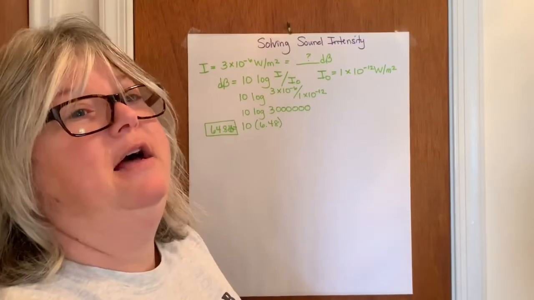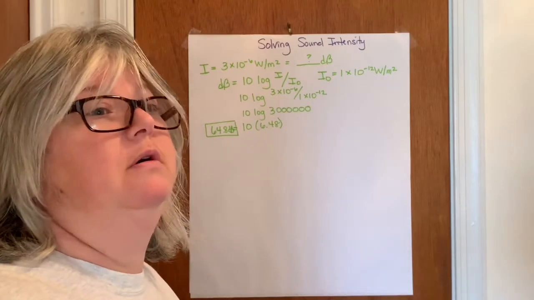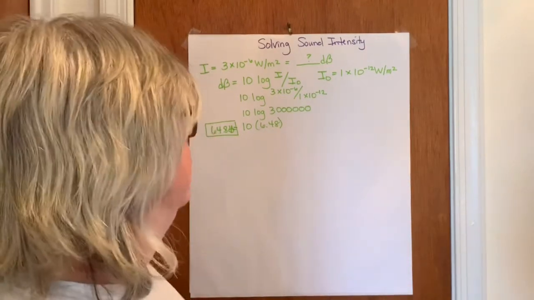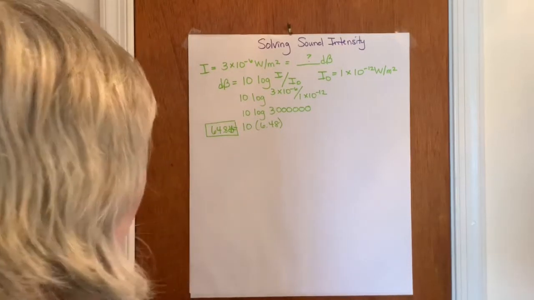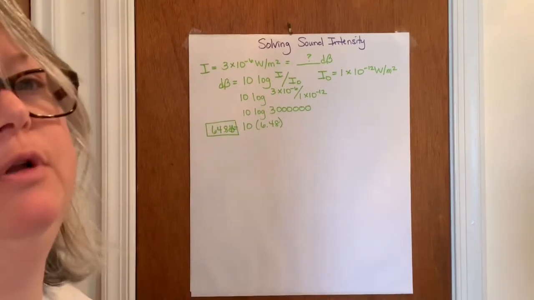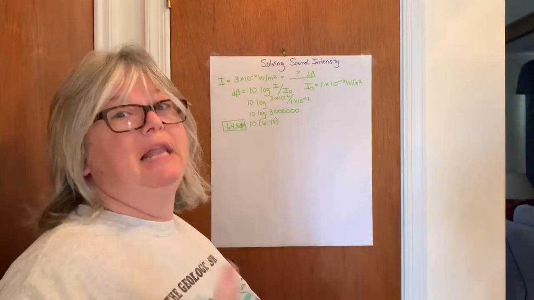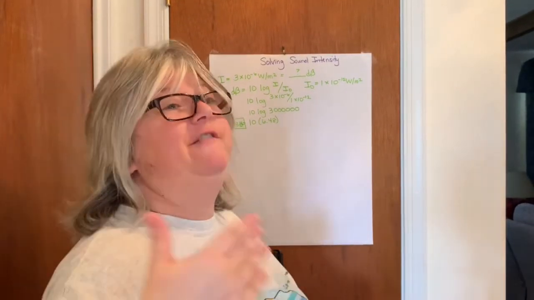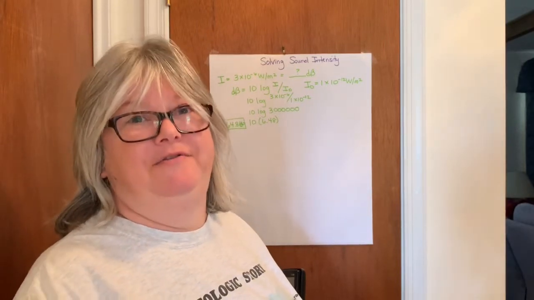All right, so now let's go from decibels to regular intensity. Let's say we're given a decibel level. Let's take one that's pretty loud. The fire alarms in our school are 95 decibels.